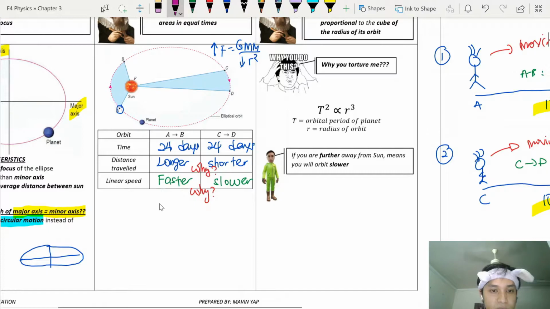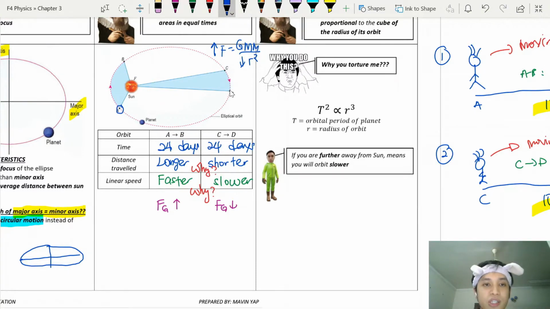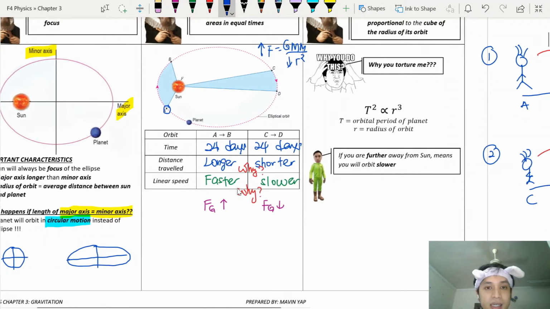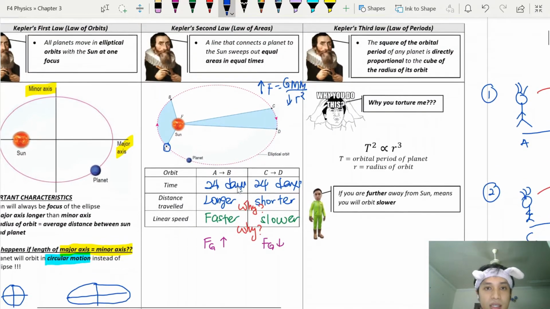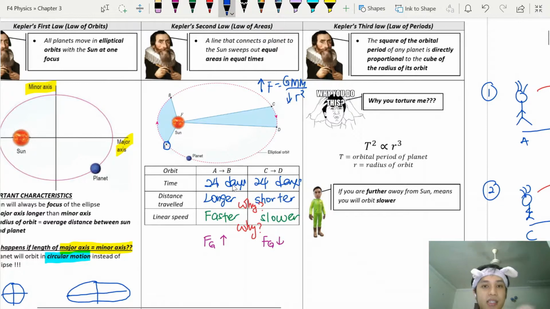Because from A to B, your gravitational force is higher or stronger, whereas from C to D, your gravitational force is weaker. That is why from AB you move fast, and from CD you move slow. So basically Kepler's second law is that. That is the whole idea of the second law.